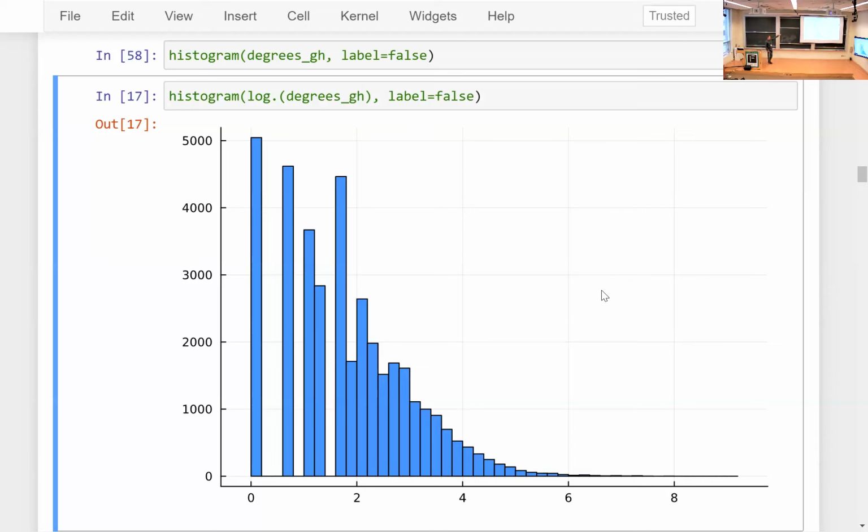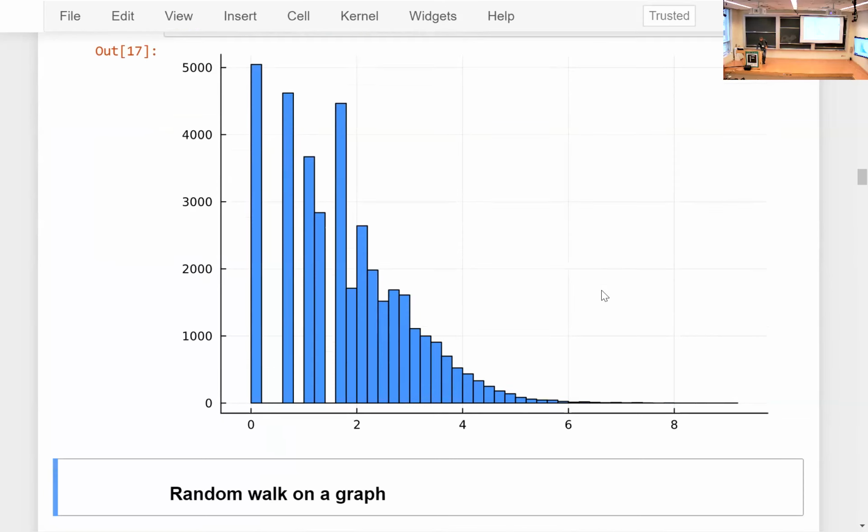And after log, we have this dot, as you remember, to vectorize the function. So again, this is just to verify that indeed our graph has some nodes that have very high degree. Most of the nodes are of low degree.